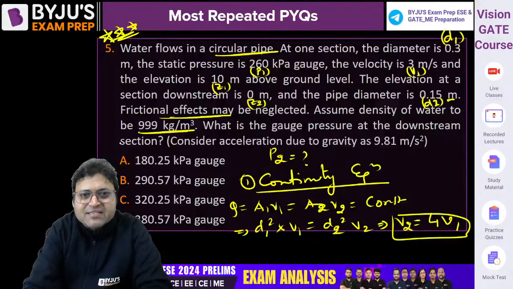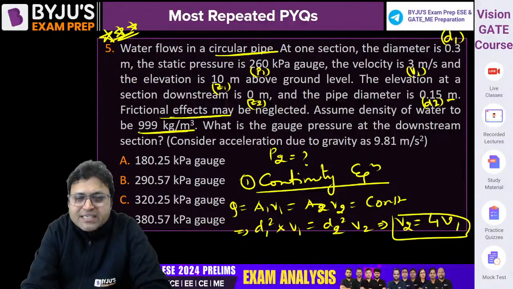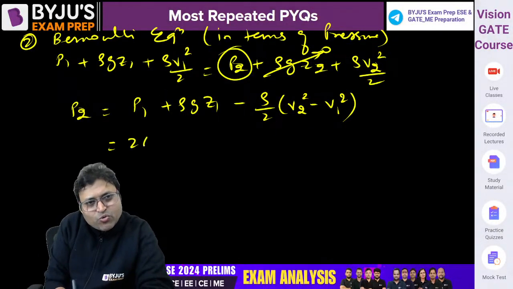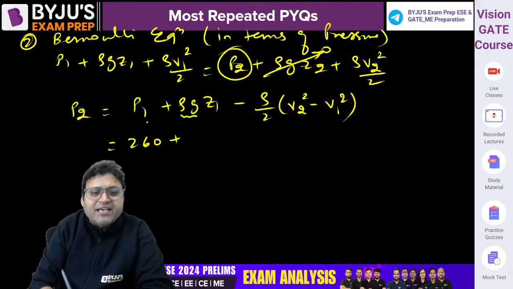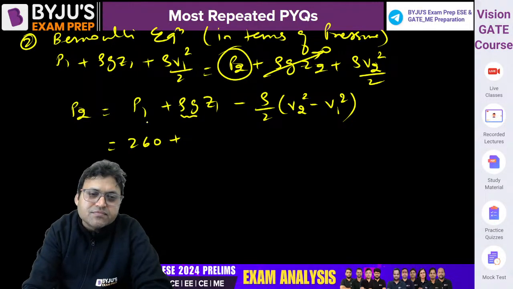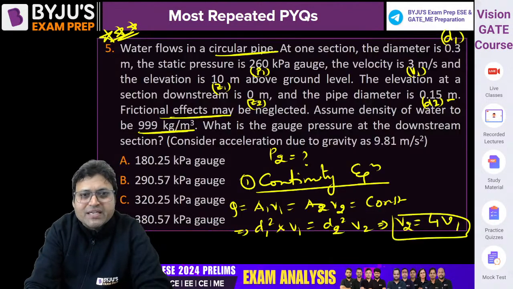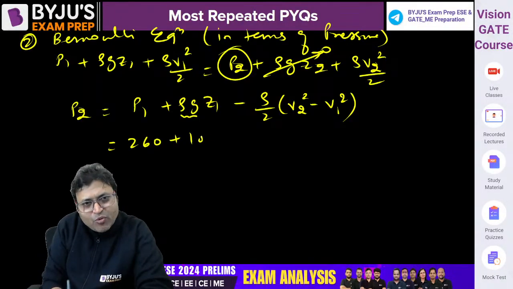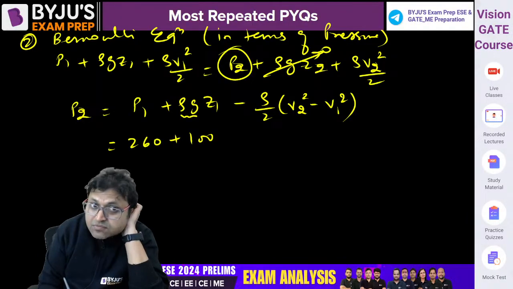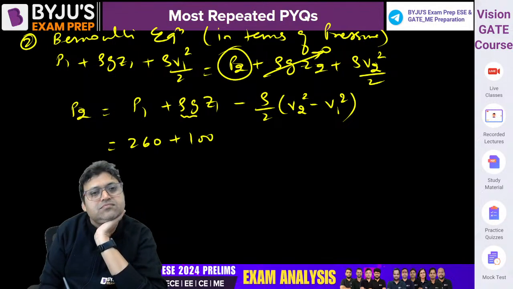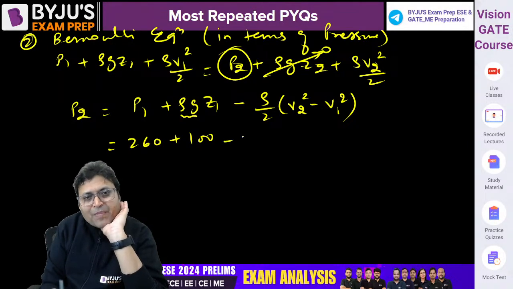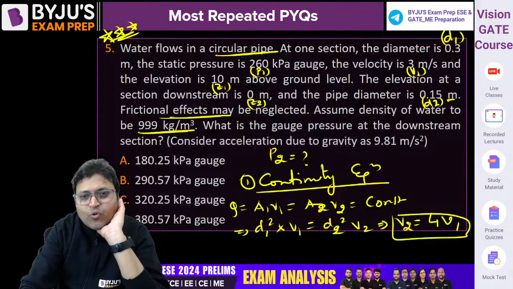P1 is given as 260 kilopascal. So it will be 260 plus rho into g, around 10, into Z1. What is Z1? Z1 is 10. So it will be 100 kilopascal, minus rho by 2, that is 1 by 2, 0.5, into (V2 square minus V1 square). What is V2?